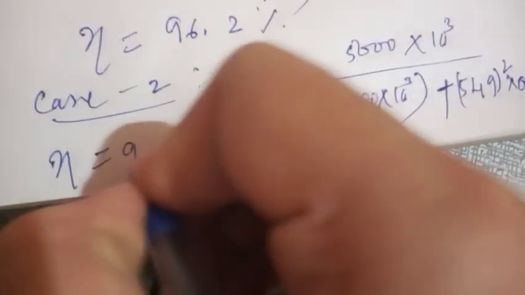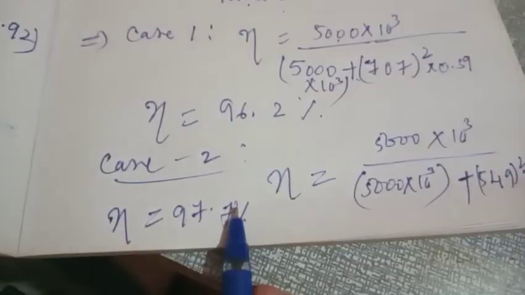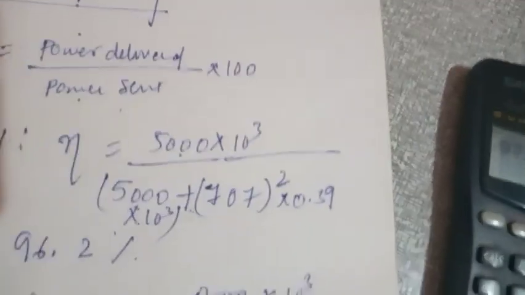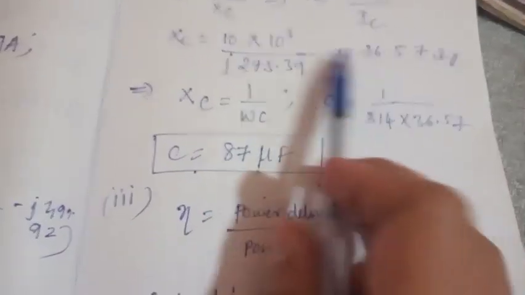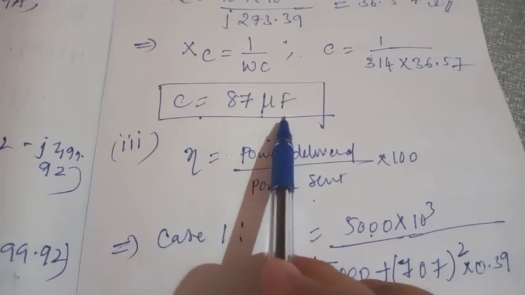It will come around 97.7%. So in case 2, the efficiency has increased by 97.7 minus 96.2, around 1.5%, by the addition of a shunt capacitance of 87 microfarad to the load.